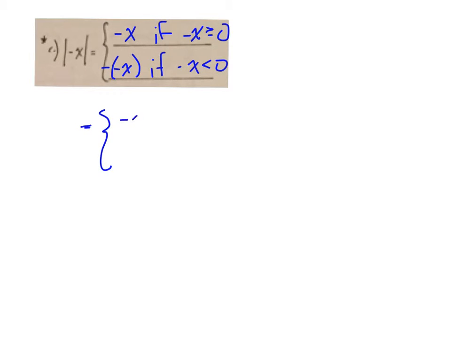Negative x will stay negative x. But for the right side, when we have negative x being greater than or equal to 0, we'll have to divide both sides by negative 1, which we know for solving inequalities, when we divide by a negative number, we have to switch the inequality. Down on the bottom, the opposite of negative x is now positive x, and when we divide by negative 1, x will be greater than 0.